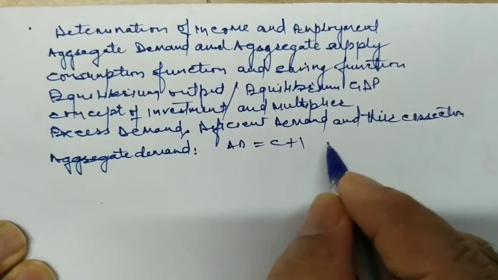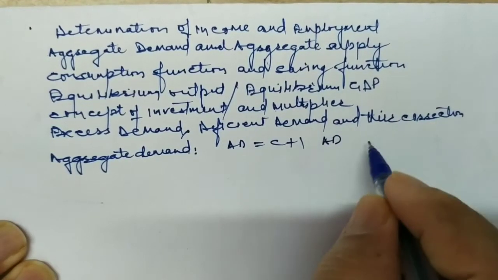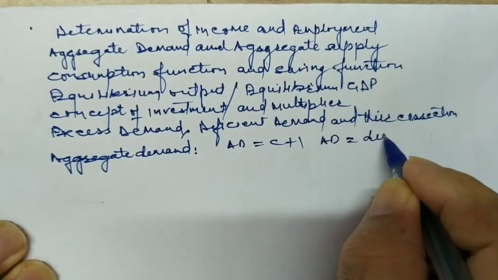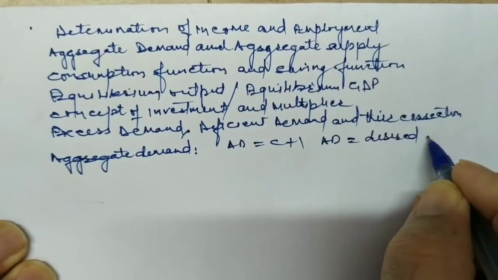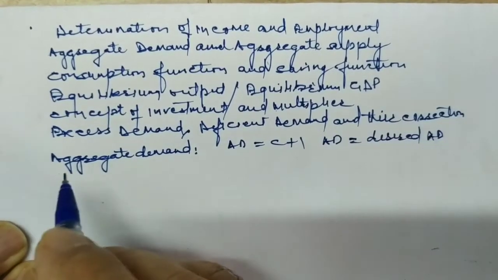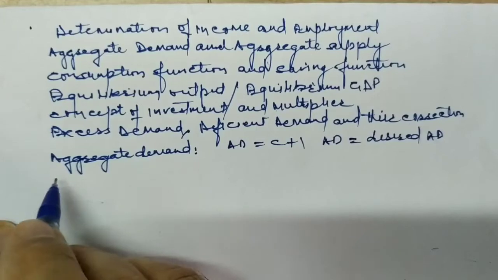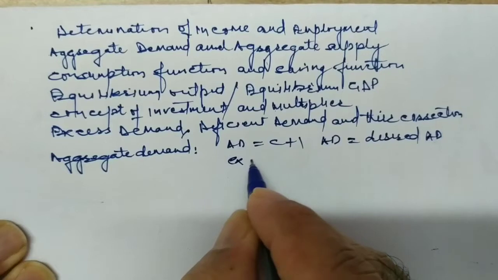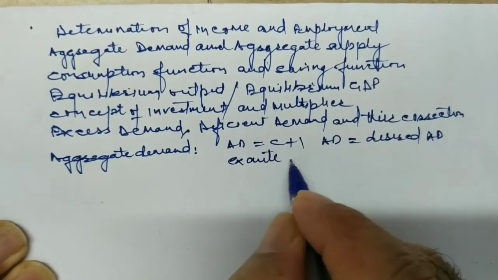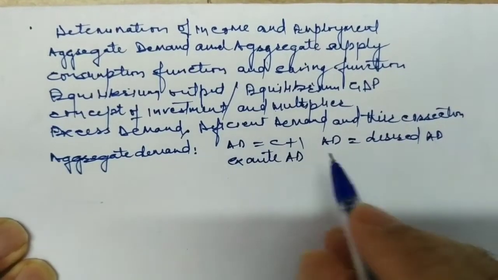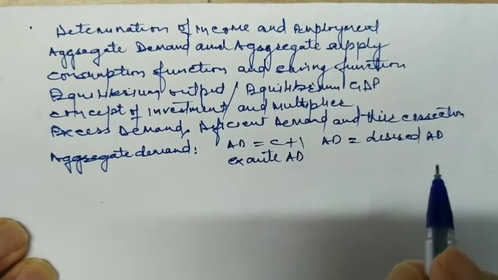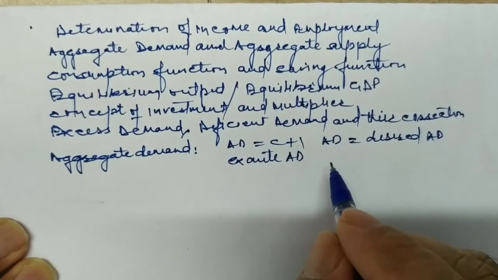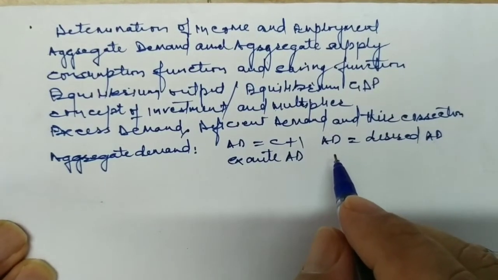That is, AD is also known as desired aggregate demand, and it is also called ex ante aggregate demand. Desired ex ante or planned expenditure is called the aggregate demand.